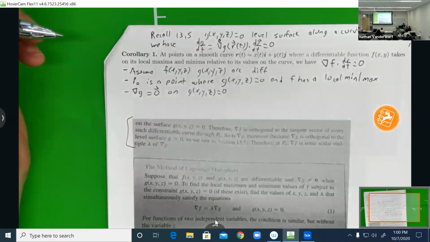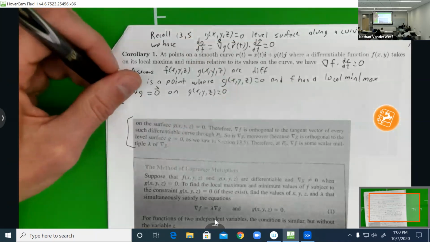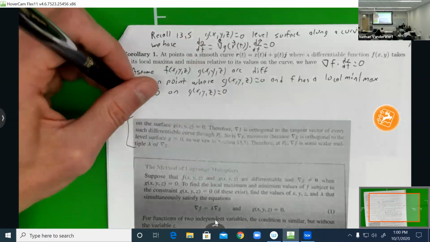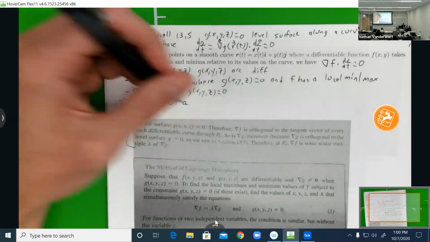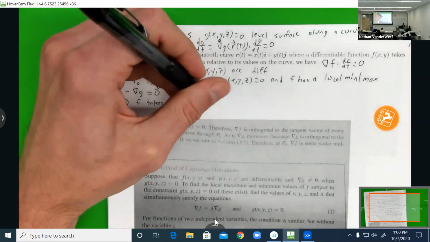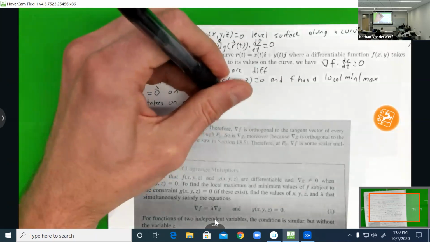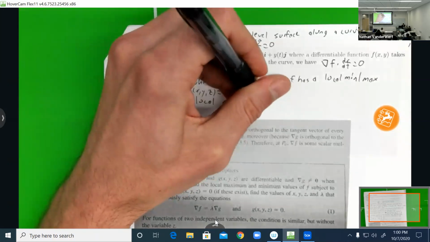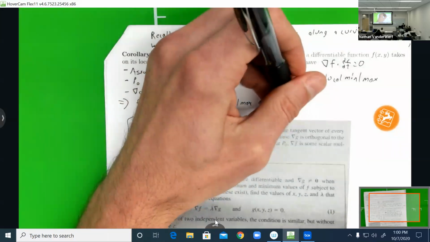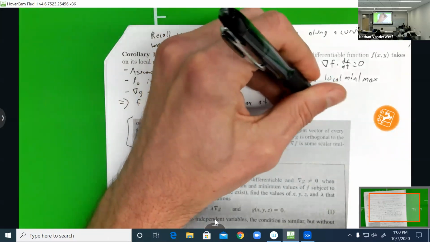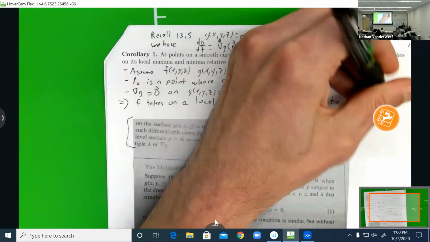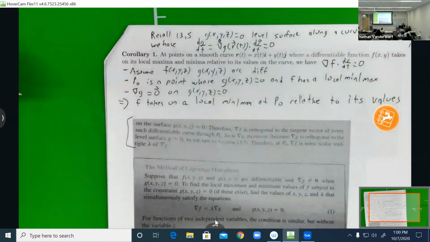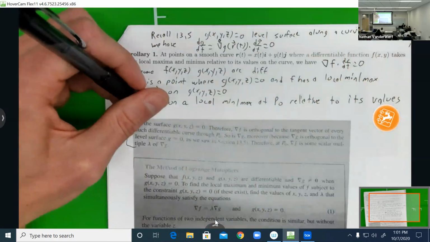Then what we can say here is that, with all of this being true, f takes on a local min or max at P0 relative to its values on every differentiable curve through P0 on the surface.